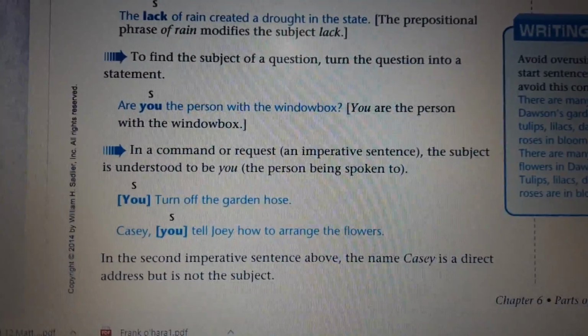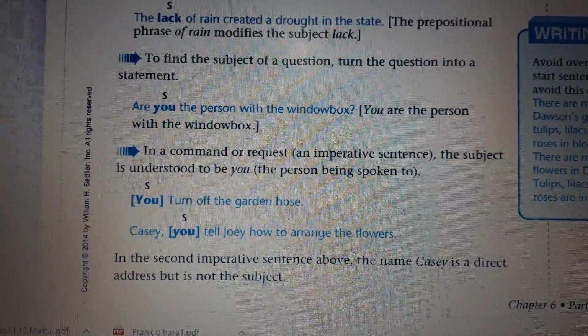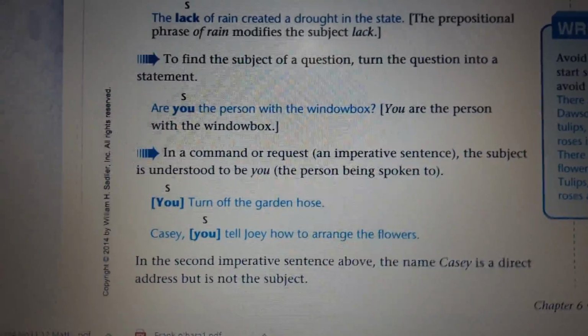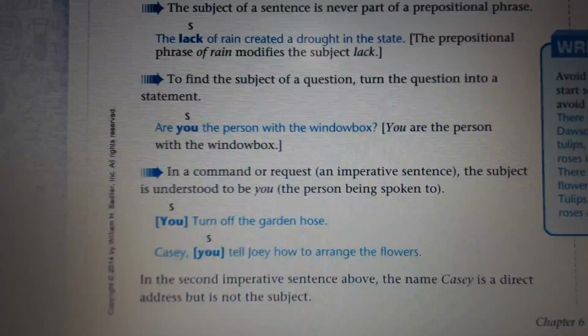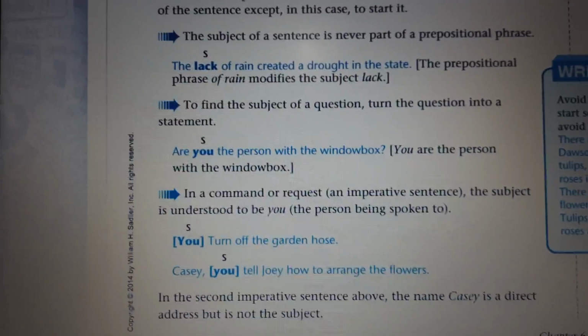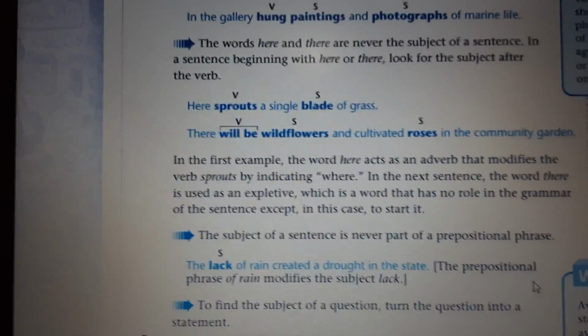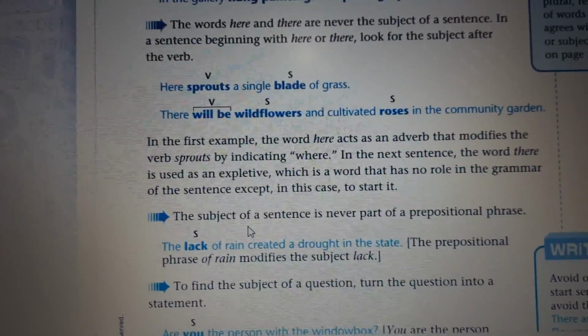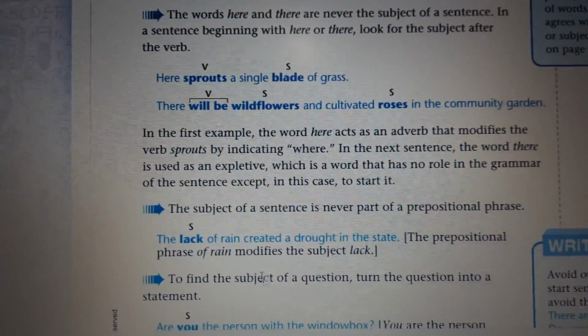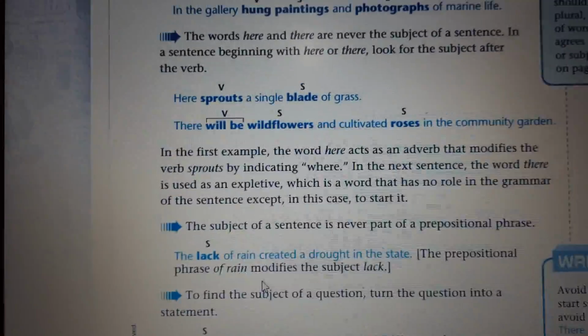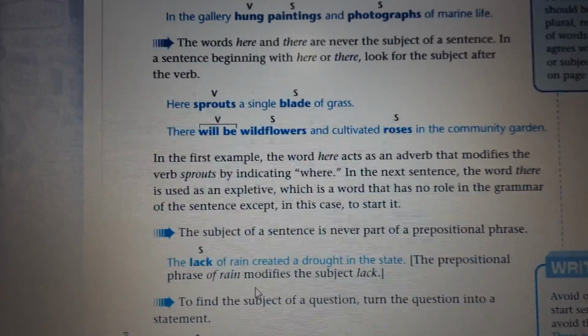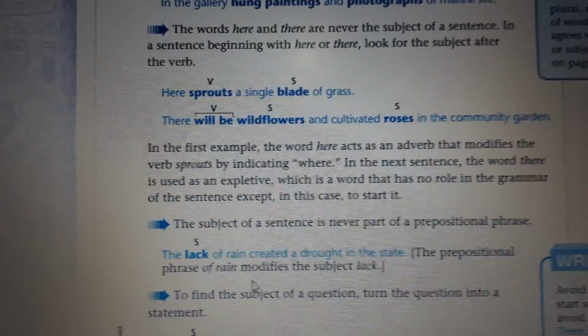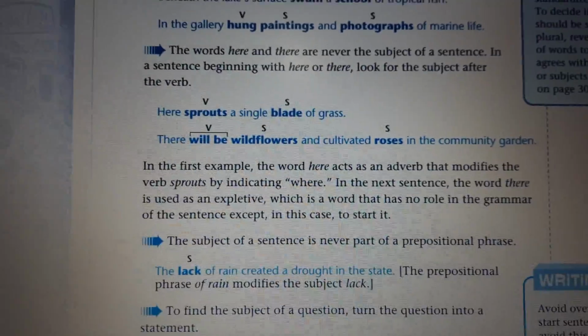Okay, so I think this is so easy. It's not hard, it's not difficult at all. You have to study very well, and do not rush. Whenever you have a sentence, just do not rush. You have to know where exactly it is, if this is a subject, a verb, or an adverb, etc. Okay, just do not rush.